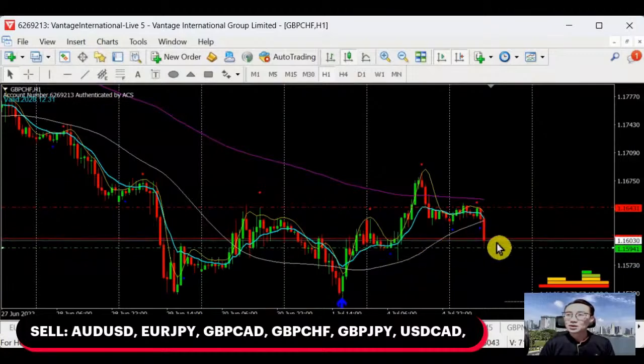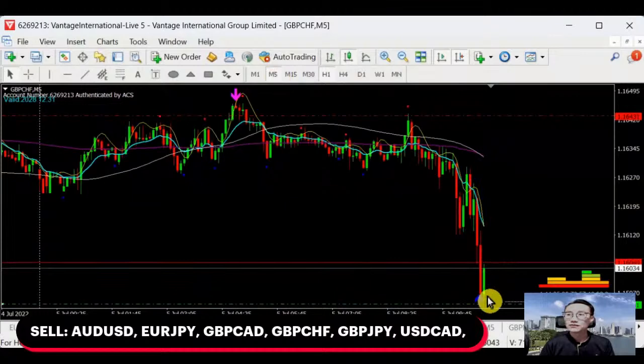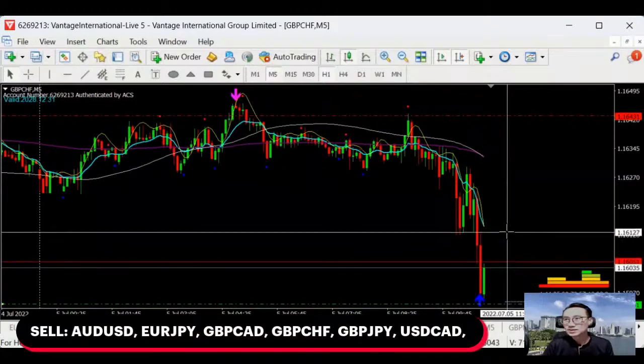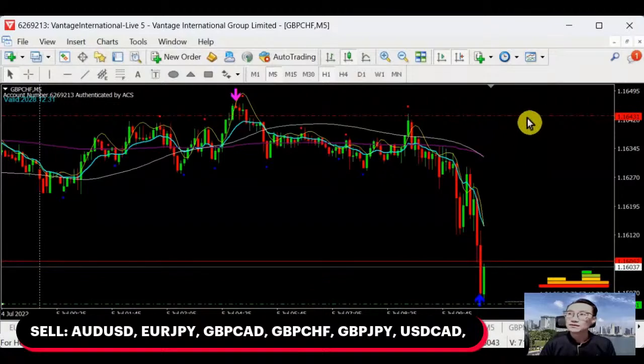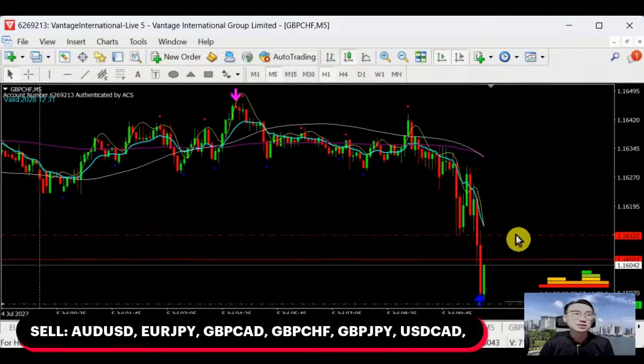Once it breaks with a new resistance below in M5, I'll be waiting for it to break first. Currently, by looking at this, selling from this level is possible, but it's a scalp. So we will scalp here.